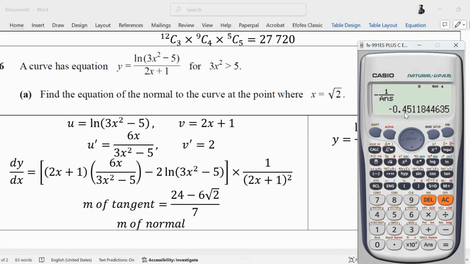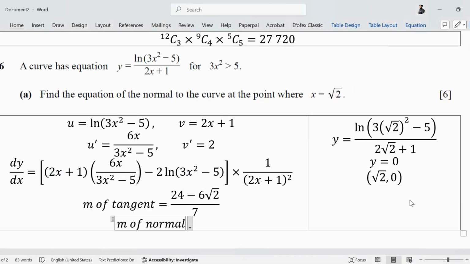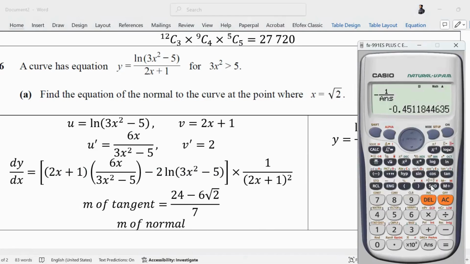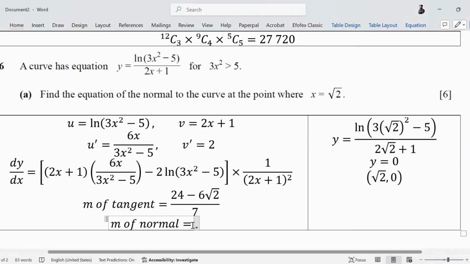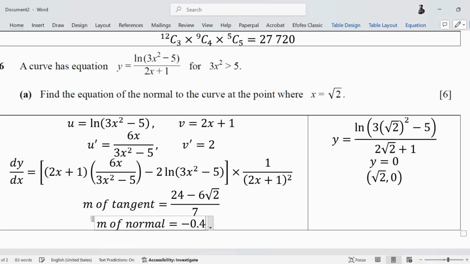I'll write it in decimal: -0.4512. If I write it in surds, this is -4 plus √2 over 12, or -0.4512.